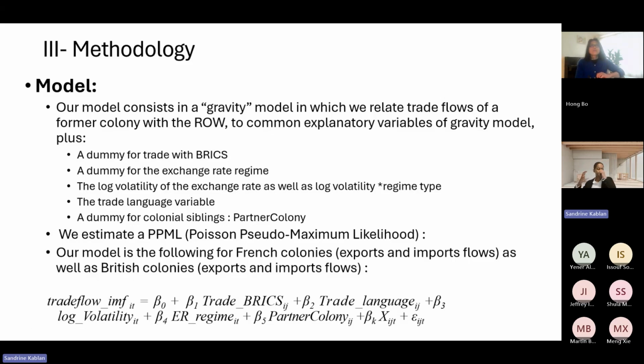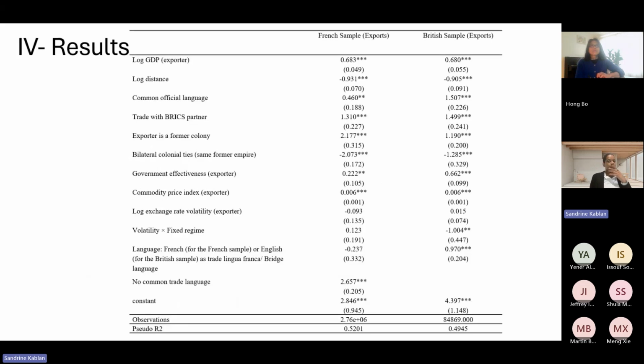This is because of the volume of the data, and in the literature, it is what is commonly done. So these are the regressions that have been made, for exports of French colonies and British colonies.